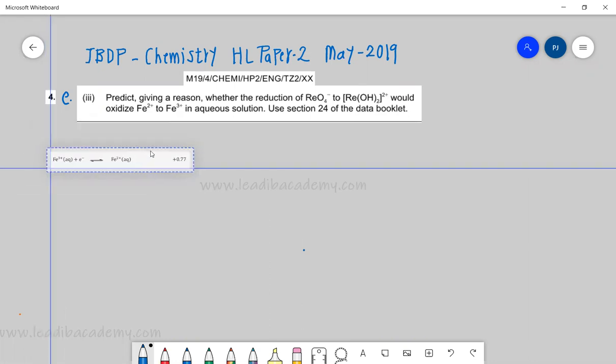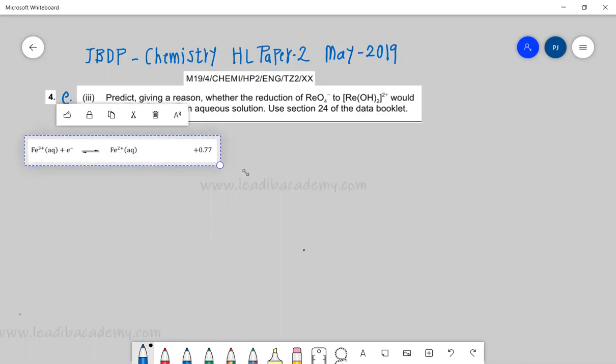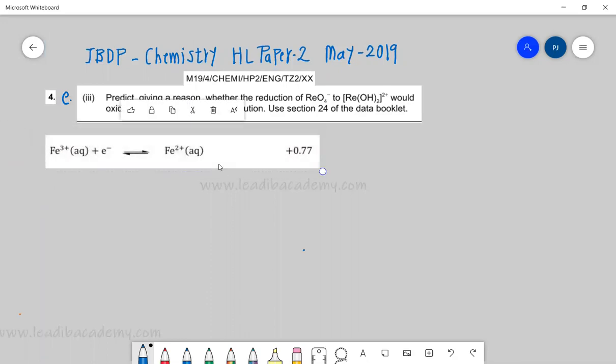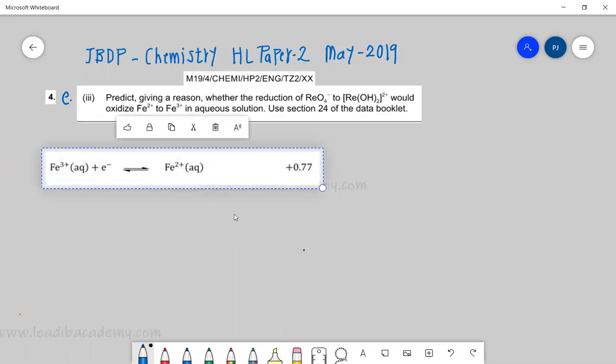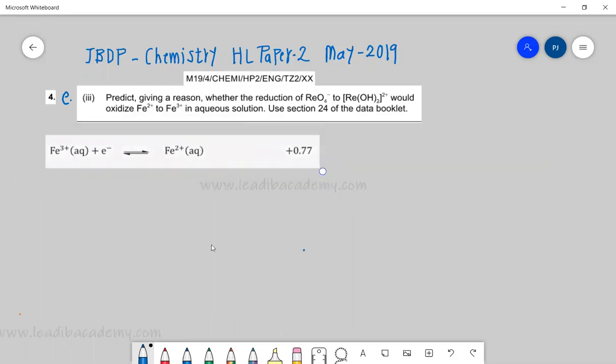Okay, section 24. It indicates this. Okay, so what does it indicate? That the reduction of Fe3 plus to Fe2 plus, the reduction potential, okay, so this is what we call standard reduction potential, that is 0.77 volts.